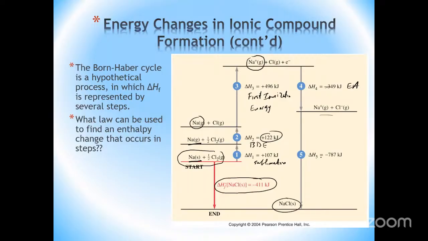Now, let me just say something here, because this is, again, another situation where if you go to different sources, different textbooks, online sources, and so on, you see different definitions, right? Now, in some textbooks, they say that if you're going from the gaseous ions to the solid, that's called the lattice energy, right?